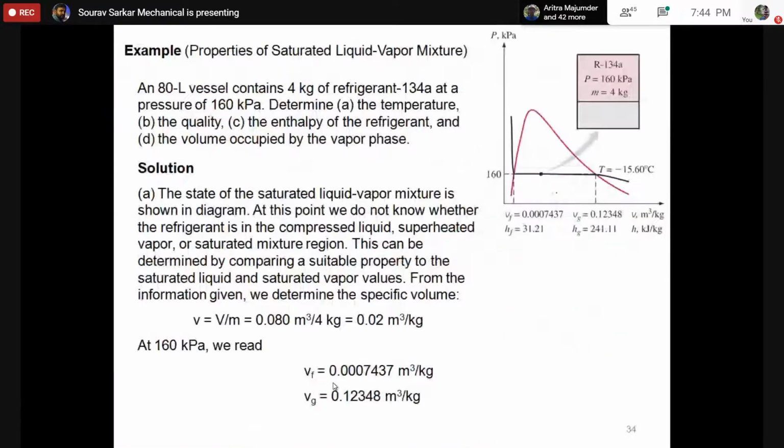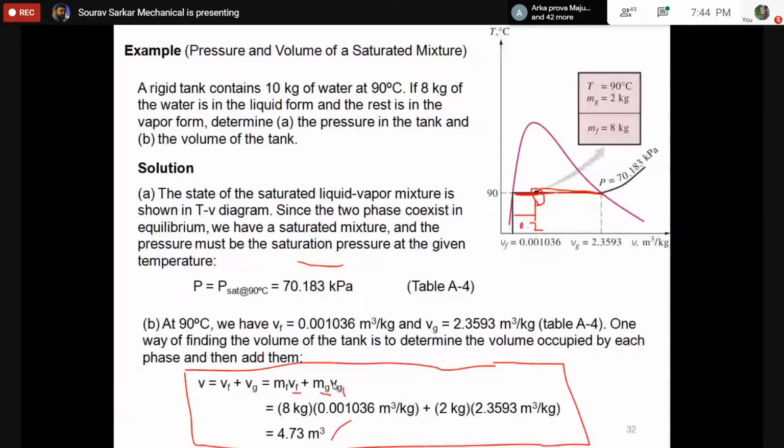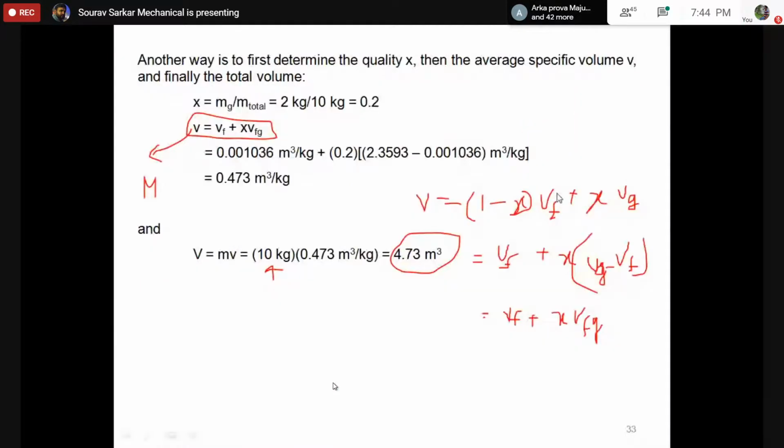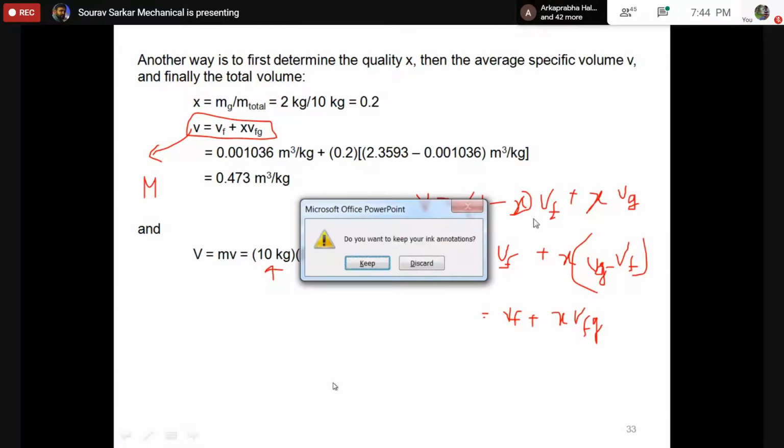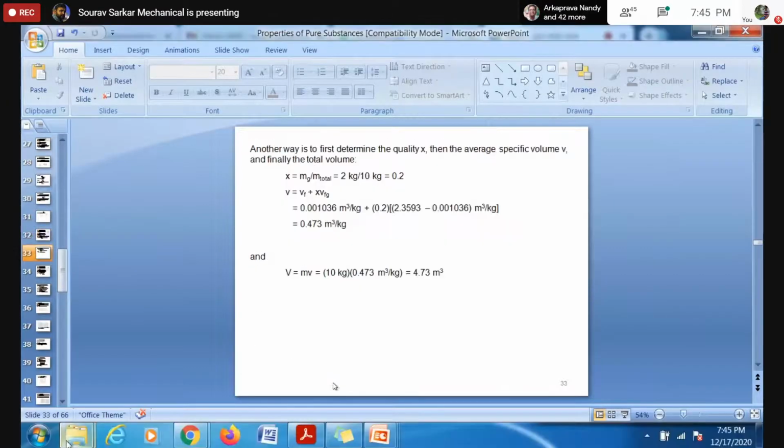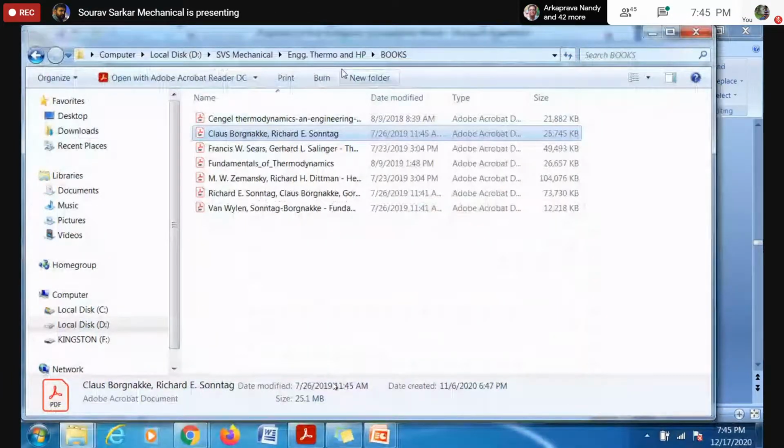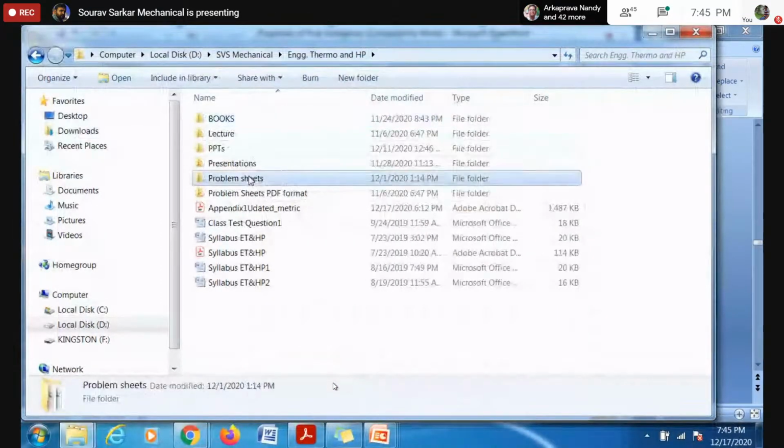So this is the way you can use the tables and solve the problem. So let's solve another problem, a little bit challenging. This is a problem from your assignments.